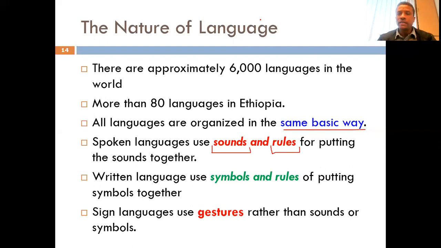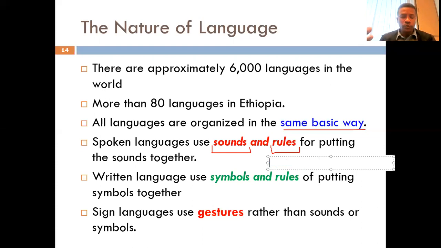I'll give you a very simple example from the next one. Now, what do you understand from this word? What do you understand from this word? You can't understand. Why? Because even though the symbols are used, the rules of putting those symbols together are not in line with the language that we have.